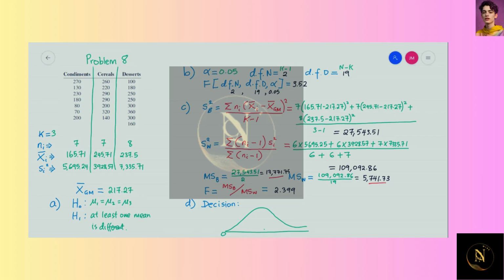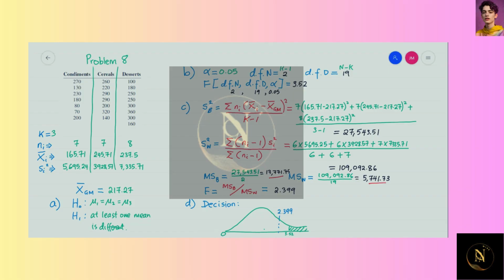The critical value of F is 3.52, and thus the area to the right is the critical region. In our case, we have gotten the calculated value of F as 2.399.